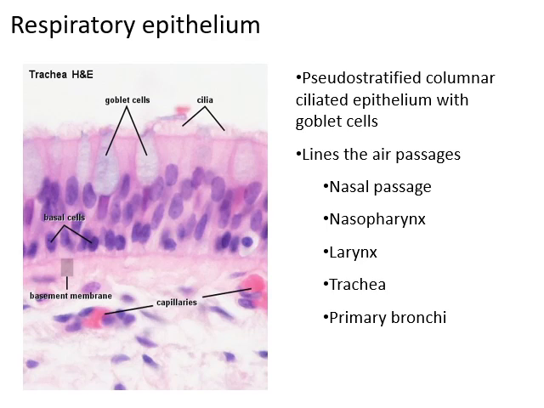Okay, so let us look at the structure of the respiratory epithelium. Now you can see this H&E slide of the respiratory epithelium at very high magnification, and here you can see a pseudostratified columnar ciliated epithelium with goblet cells. Okay, so it's pseudostratified columnar.